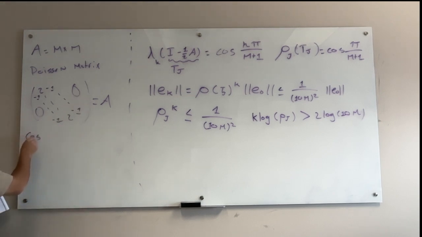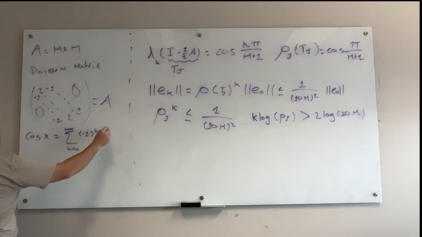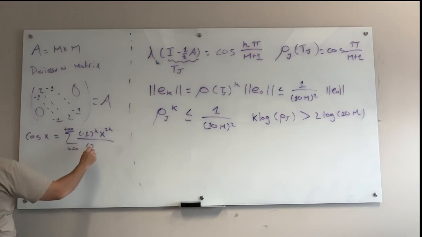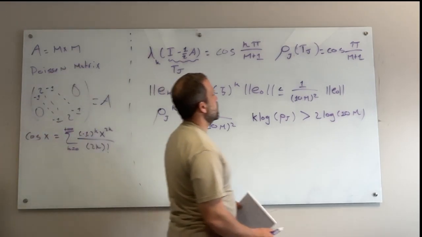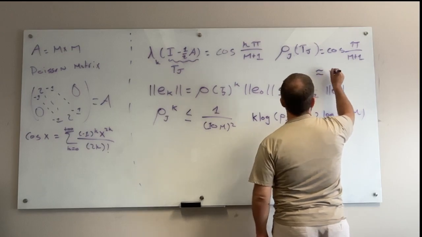And remember, cosine of x is equal to the sum, k equals 0 to infinity, of minus 1 to the power of k, x to the 2k over 2k factorial.